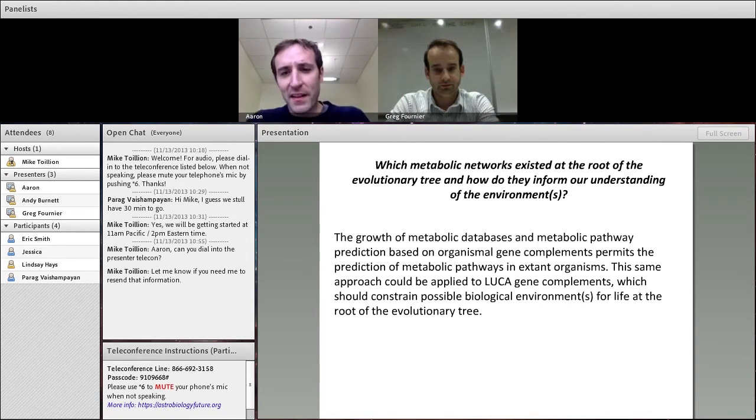And this sort of analysis, paired with the growth in metabolic databases, can be used to infer which metabolic networks existed at the root of the evolutionary tree.